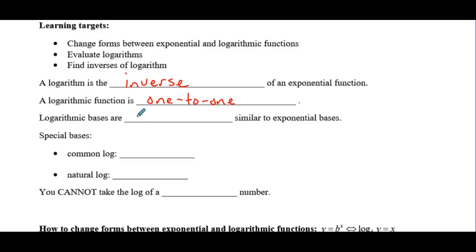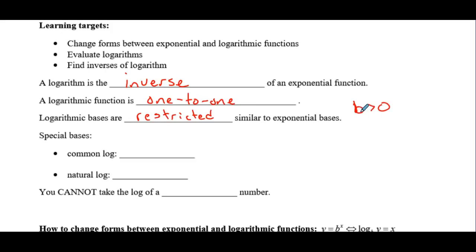Logarithmic bases are going to be restricted, similar to the exponential bases. So if we can remember what those restrictions are, I know that b has to be greater than 0. I can't have a base b of 0 in exponentials. I can't have a base b of 0 in a log.